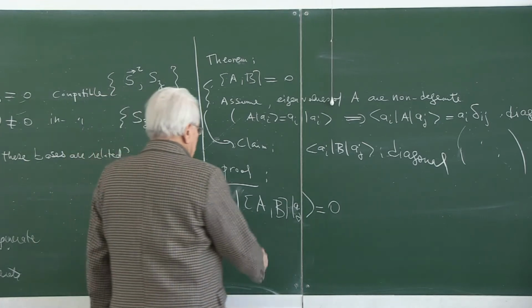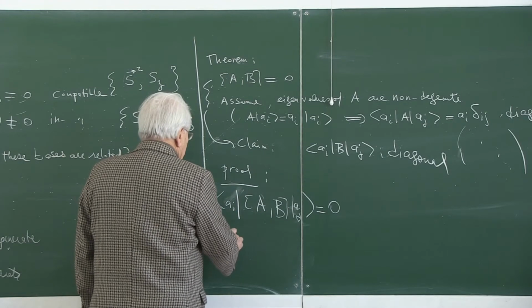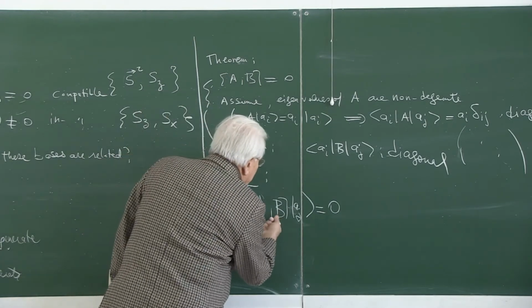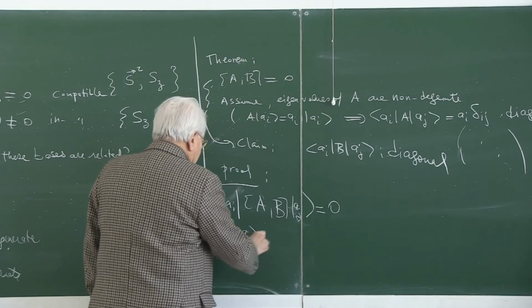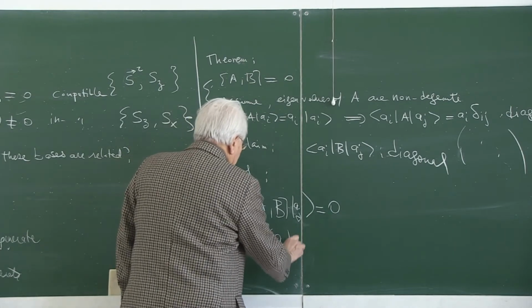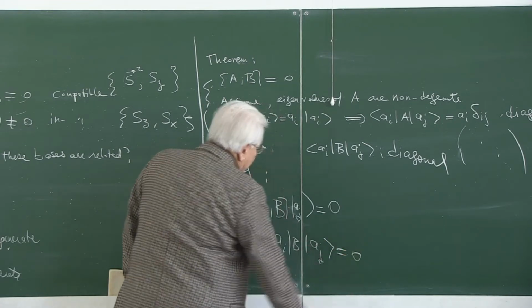Then what do I get? This AB, x to the left gives me a_i. In the second term, it's BA, x to the right gives you a_j. So what is left over is (a_i - a_j) <a_i|B|a_j> is equal to 0.